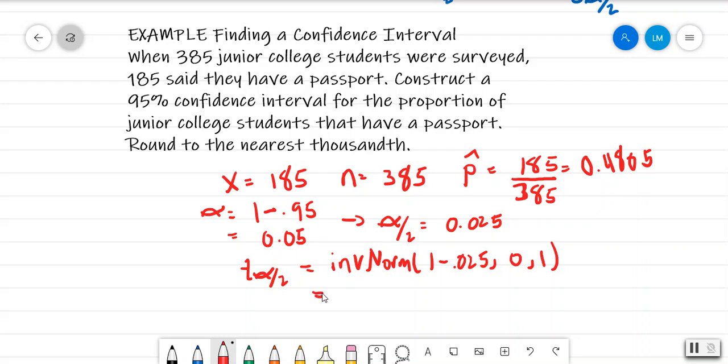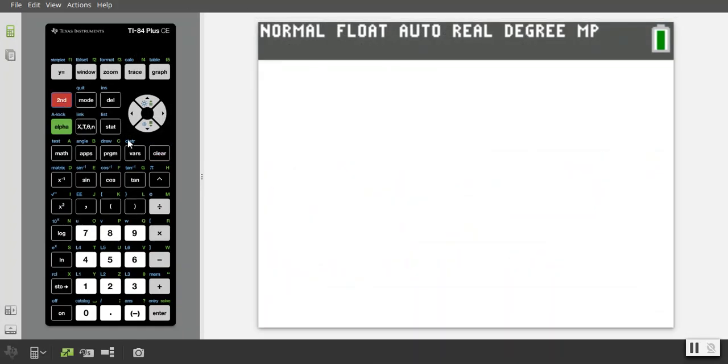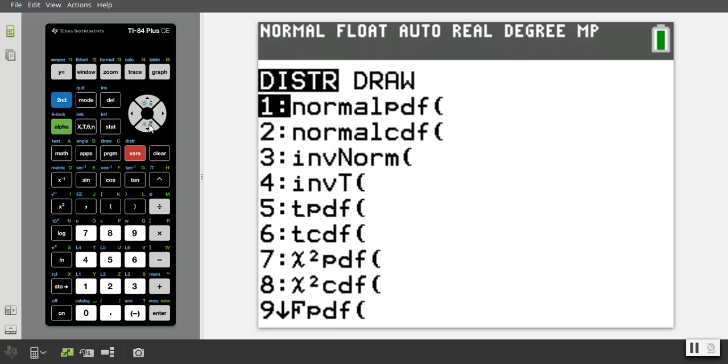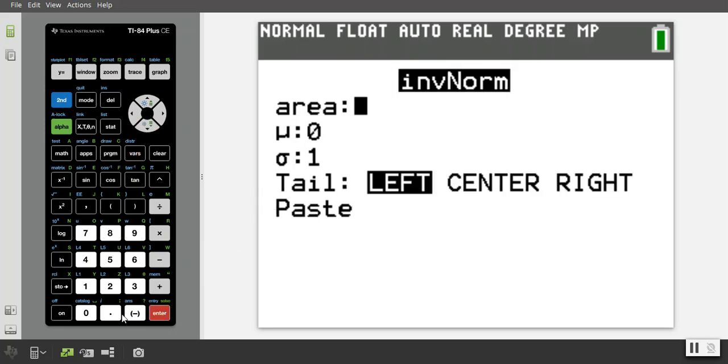So this is going to give us the following. If we go to second vars and we go to normal inverse norm, and then we know what the area is, well, let's do it like this. Let's do 1 minus 0.025, and then we'll just click enter.